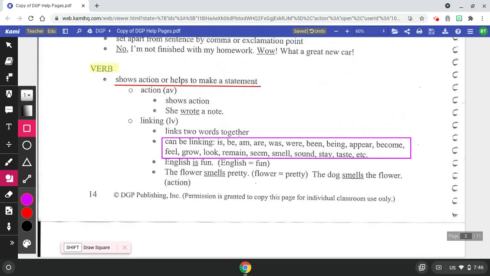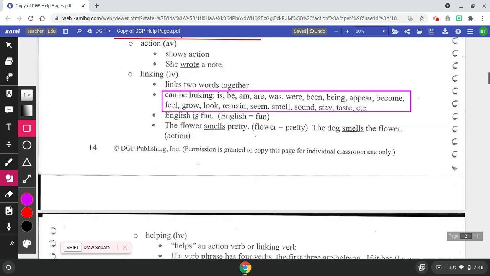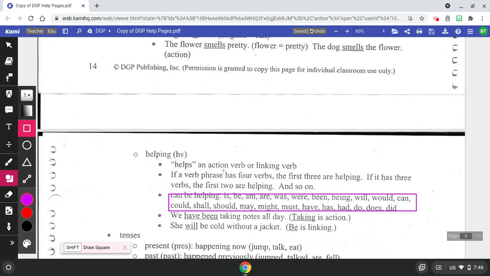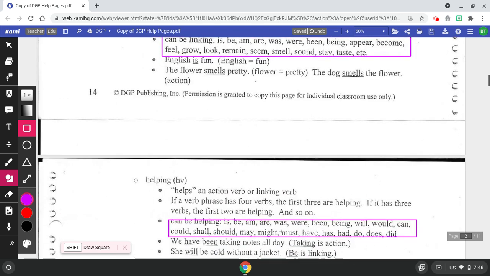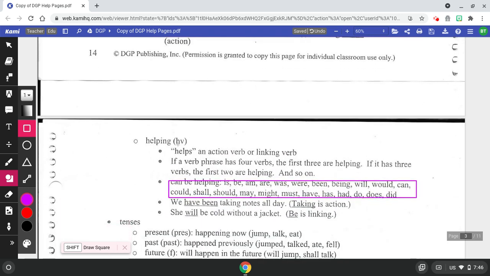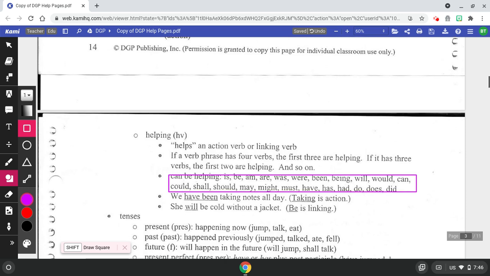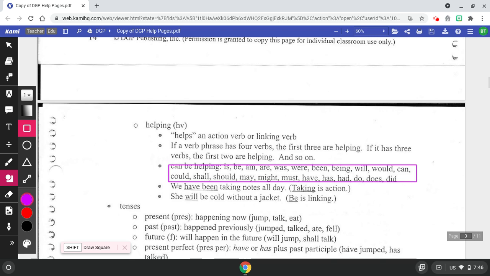If it's linking words together and you see one of these words, then you label it LV. But if it's helping an action or helping a linking verb, then you label it HV, because it's helping, all right? Moving on. All those are given to us.